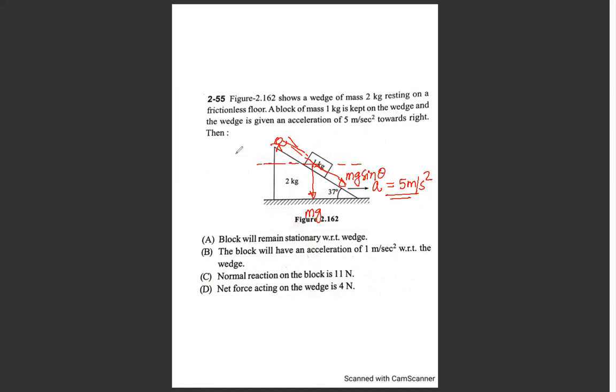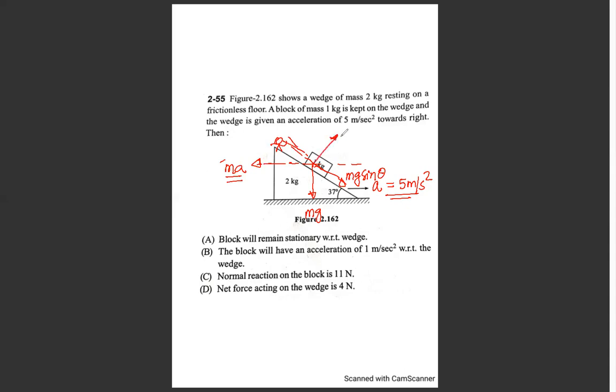We'll put the value of theta later. The pseudo force will be opposite to the direction of the motion, mass into acceleration of the observer, that is towards right. So ma will give rise to two components now.